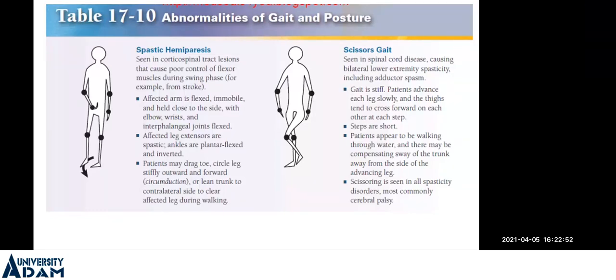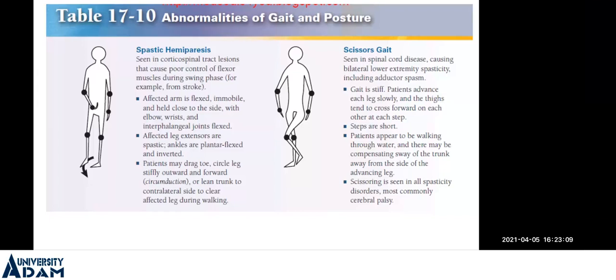Ma'am, spastic hemiparesis is seen in corticospinal tract lesion that causes poor control of flexor muscles during swing phase, for example, from stroke.